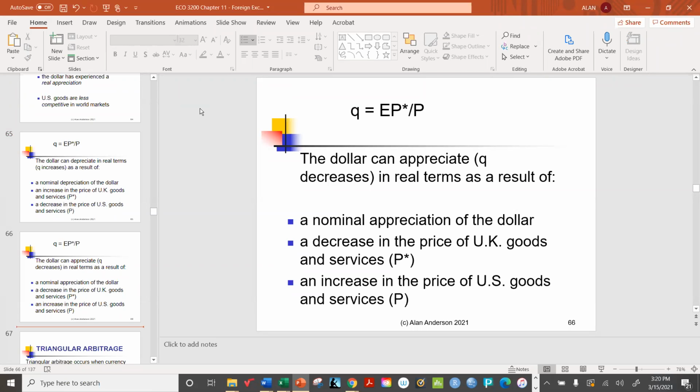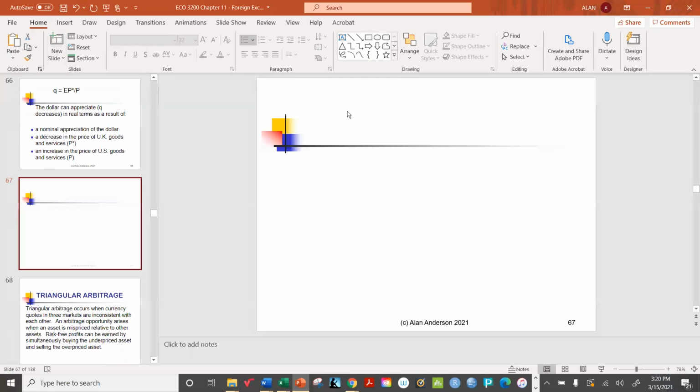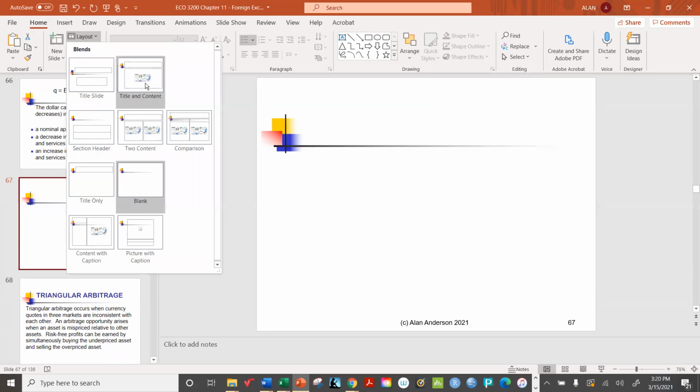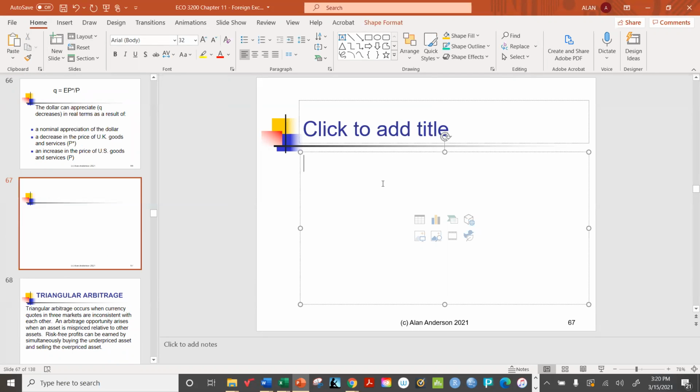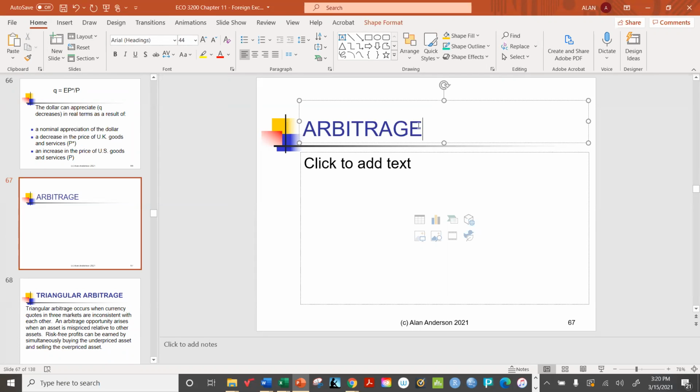That word is actually a French word. That word is arbitrage. My God, what does that mean?